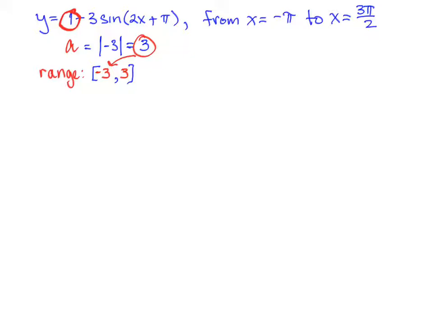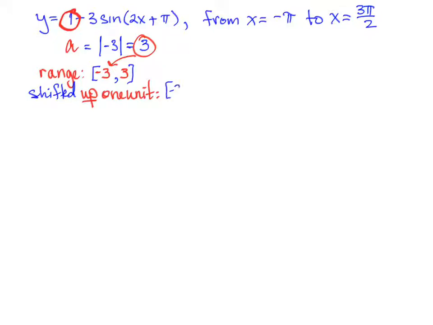But in this one, we're also shifting everything up by 1. So we're taking this interval, -3 to +3, and we're adding +1 to all of those numbers in that interval. Shifting the graph up 1 unit shifts our entire range up 1 unit.